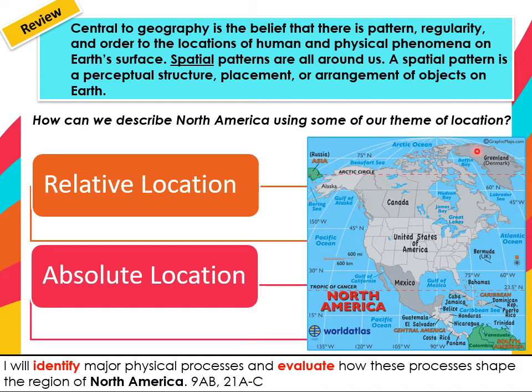Greenland is to the east. This is a very icy area. It has a lot of fjords, a lot of glacial features, and a lot of volcanic features as well. The Great Lakes region is in the northeast, north central part of the United States, right here.